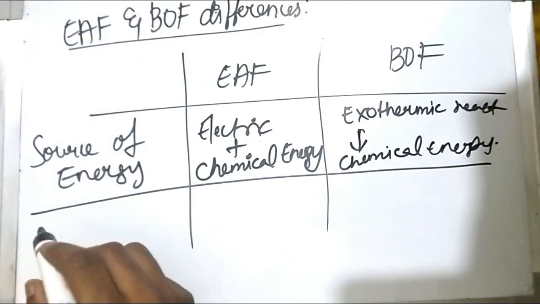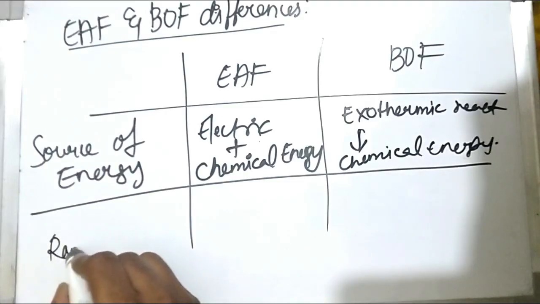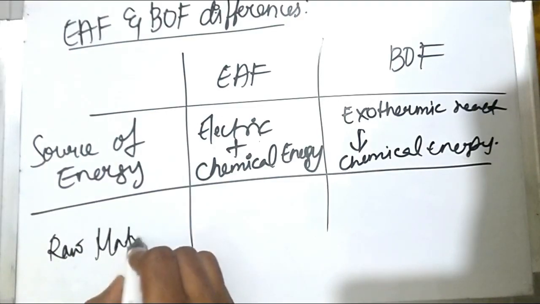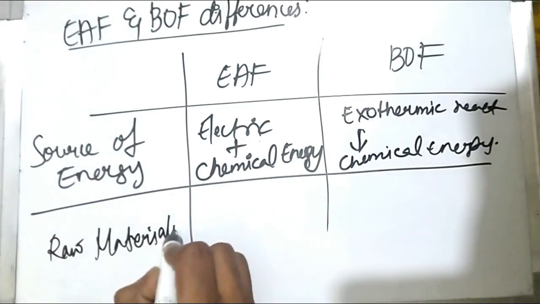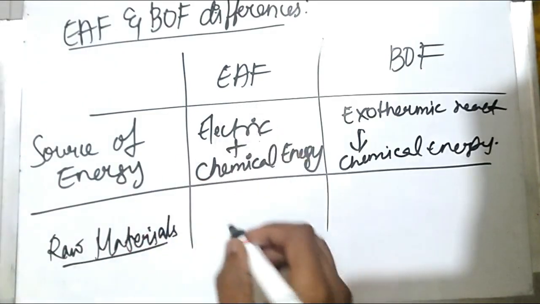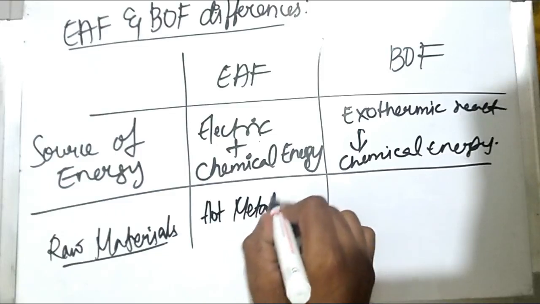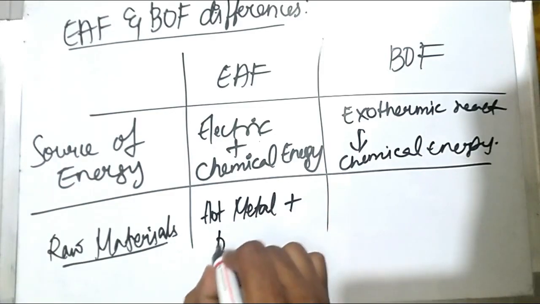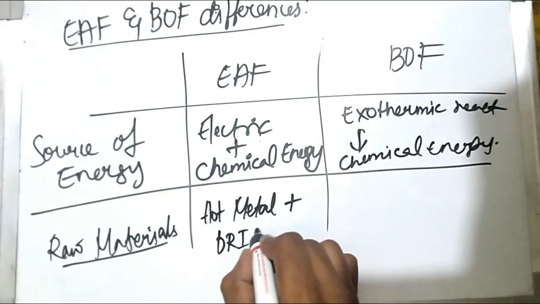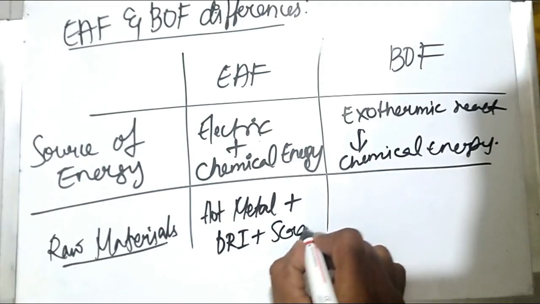Another one is the raw materials, the raw materials that are used for iron containing particles. So in EAF, hot metal to some extent plus DRI, direct reduced iron or sponge iron, and scrap is used.